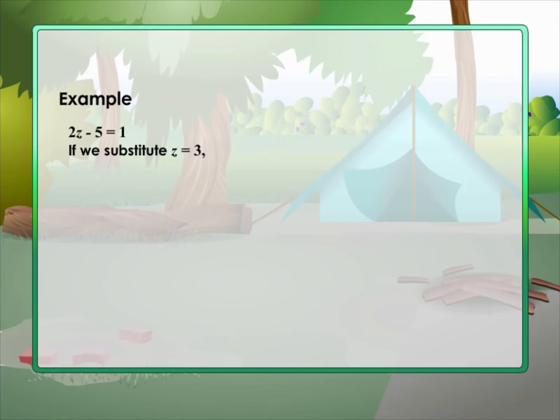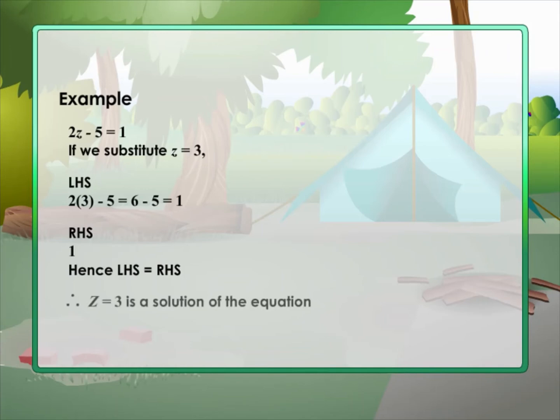If we substitute z = 3 in the left-hand side, we have 2 × 3 - 5 = 6 - 5, which is equal to 1. Now the right-hand side is equal to 1. Hence, left-hand side is equal to right-hand side. Therefore, z = 3 is a solution of the equation.